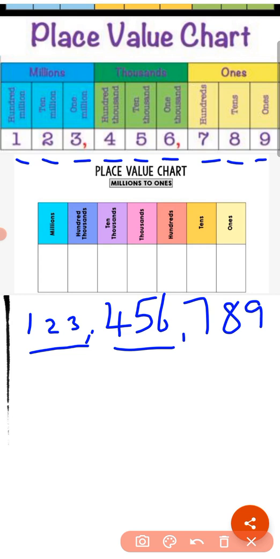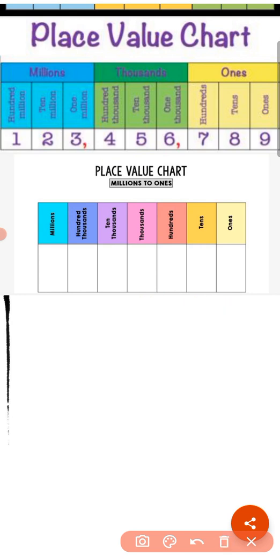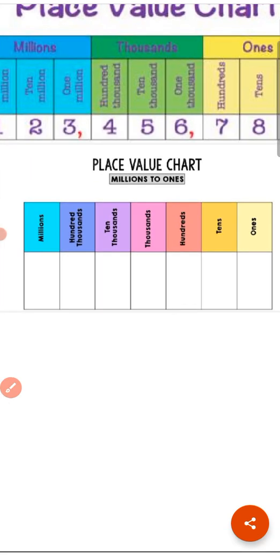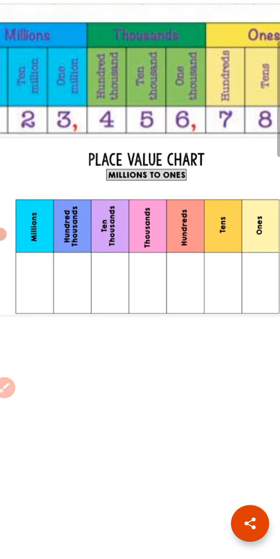Now we will write few numbers in a place value chart. Here in this chart, the places from ones to millions are marked. Okay. First, our first number is 7. 7 is a single digit number.